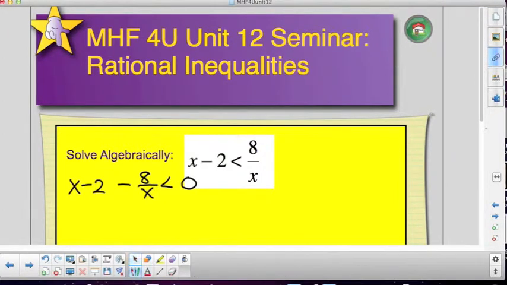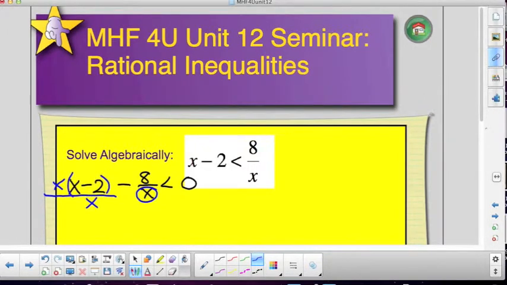Now we have a denominator over here, so to bring everything under a common denominator of x means that we have to multiply the numerator by x. So we get x squared minus 2x minus 8 all over x is less than 0.